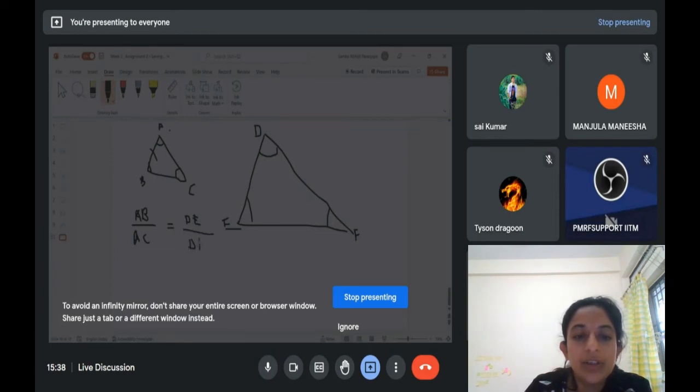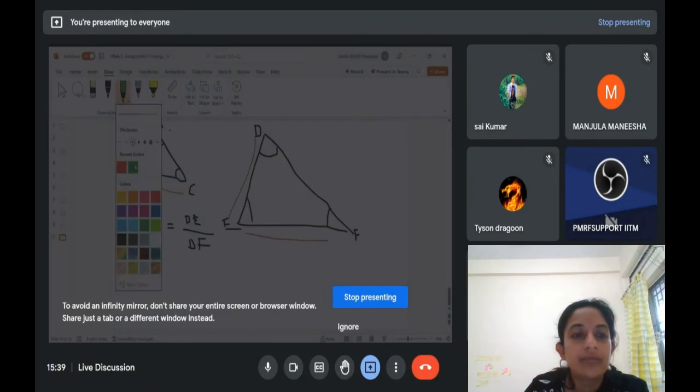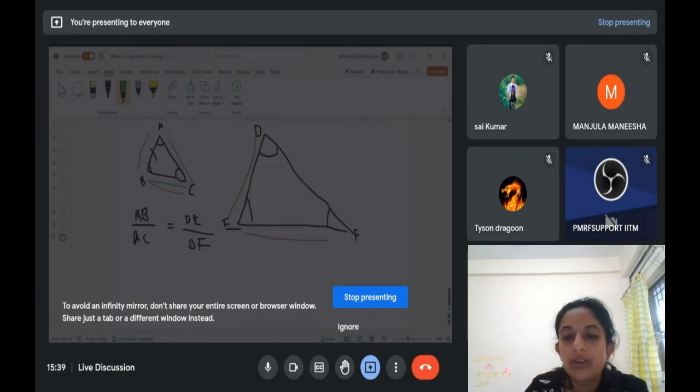This comes from the similarity of triangles: if the triangles are similar, the ratio of sides AB is to AC equal to side DE is to DF. Similarly, AB is to BC is equal to DE is to EF, and BC is to AC is equal to EF is to DF.